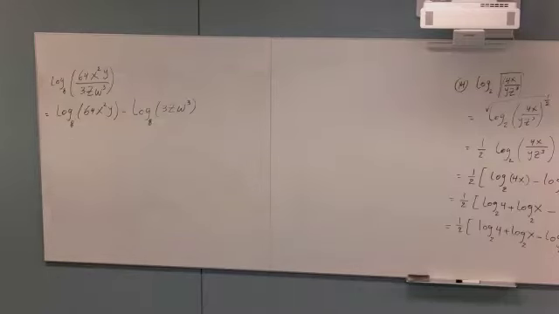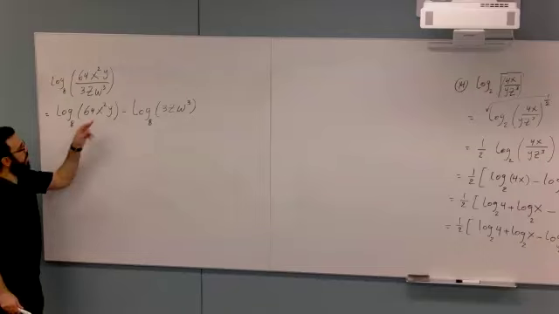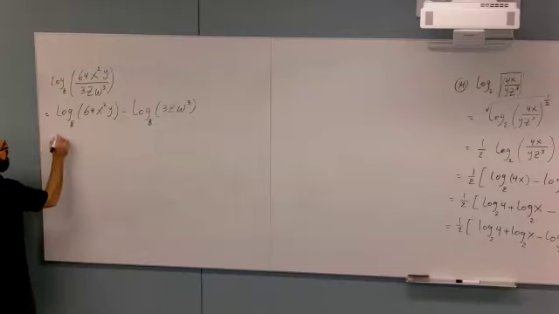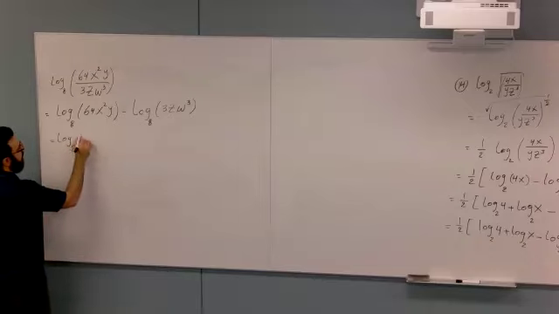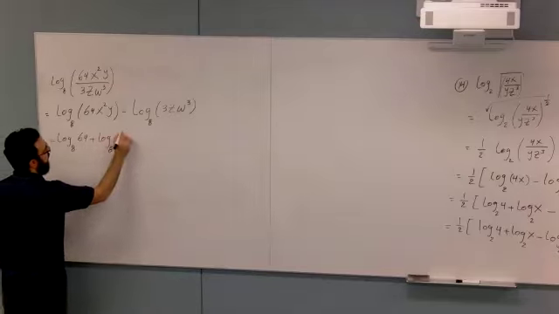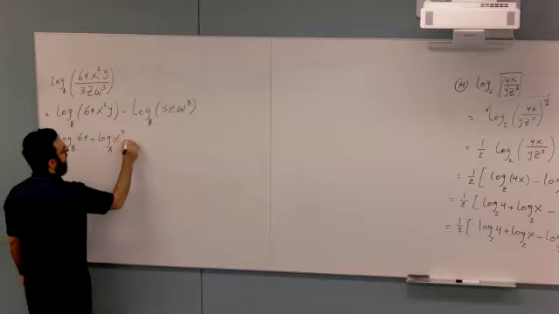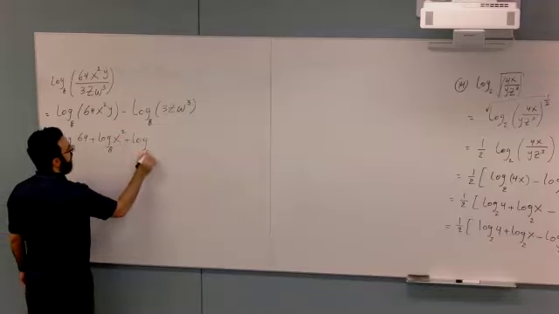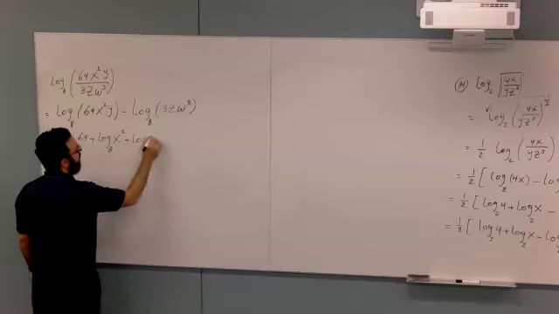What's the next? I have multiplication. So when I say it's log to the base 8, 64, plus what? Log to the base 8 of x squared, plus log to the base 8 of y.